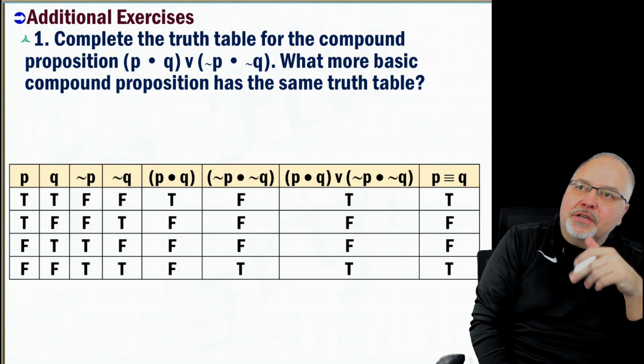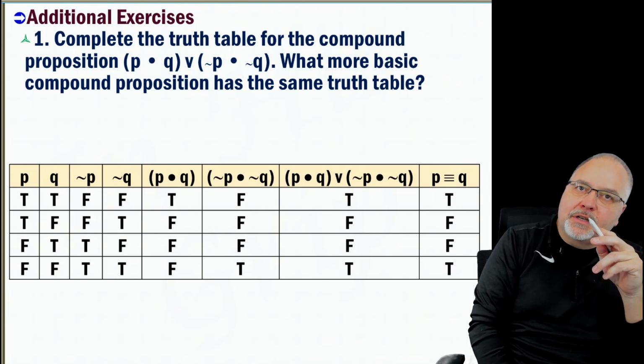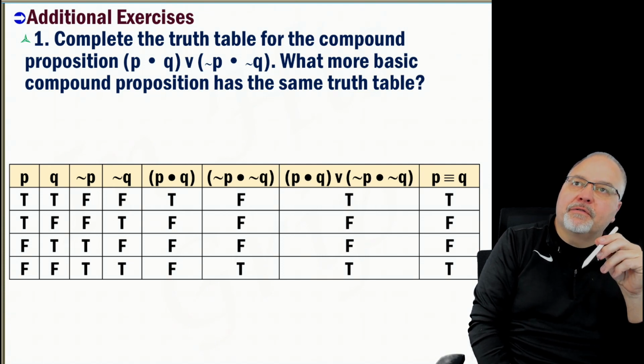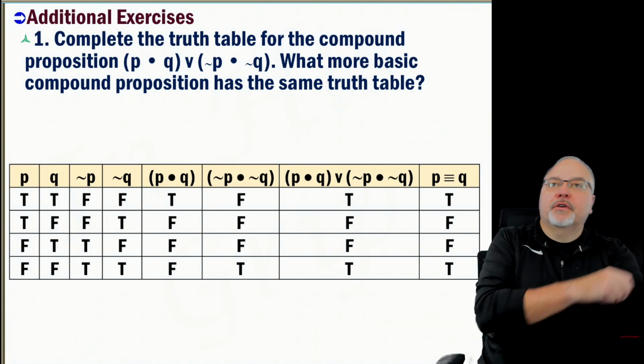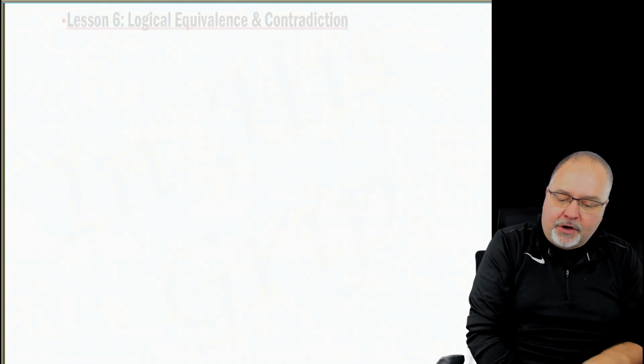You have to do each individual proposition. You have to do the negated version of it, since that's negated in this. Then you need to do each of the operators individually and then put them together with disjunction. And finally, this has the same truth compound for that, right?